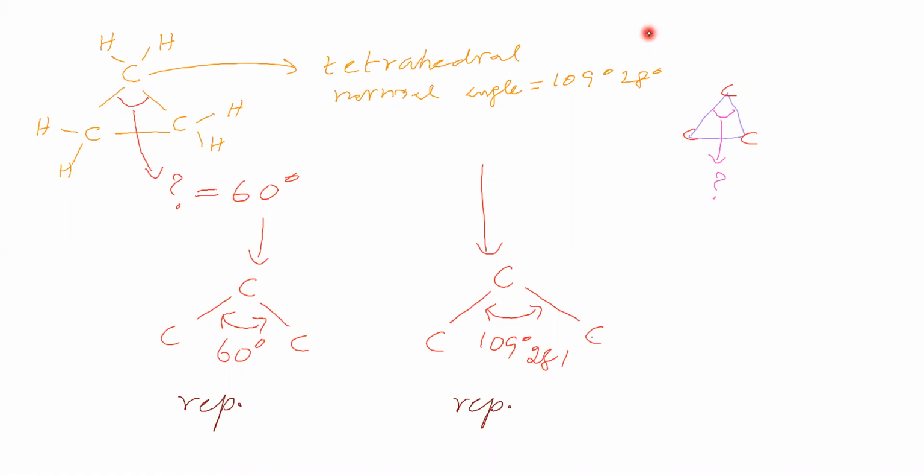Let us compare where it will be high. In the 60 degree case, repulsion is greater. So repulsion magnitude is high here, less there. Therefore, here strain is more.